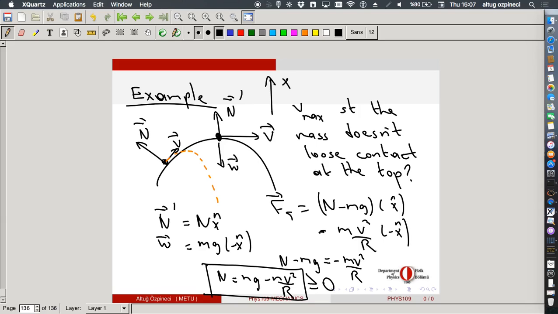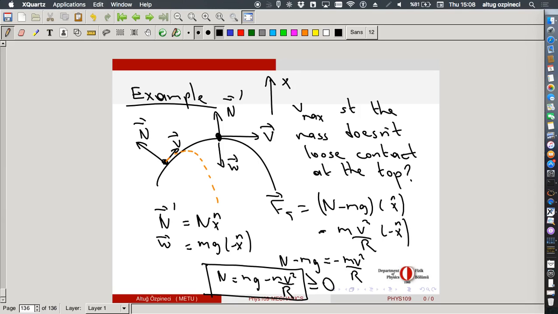Any other questions on this one? So the question is, what is the maximum velocity such that it doesn't lose contact. If my question is, what is the minimum velocity that can enter the object? That's a really good question.